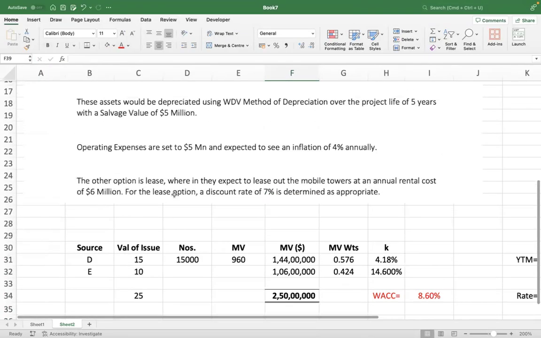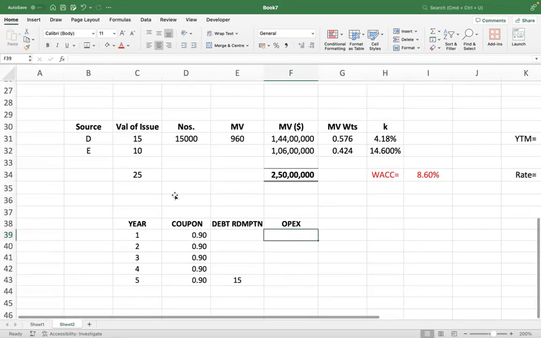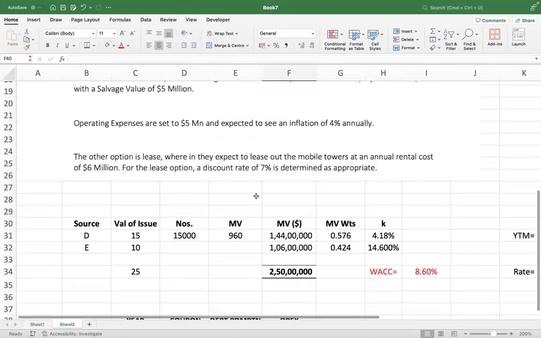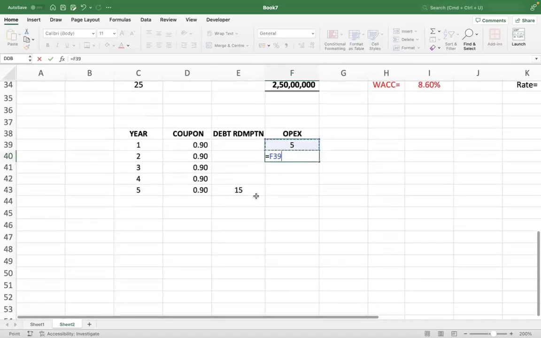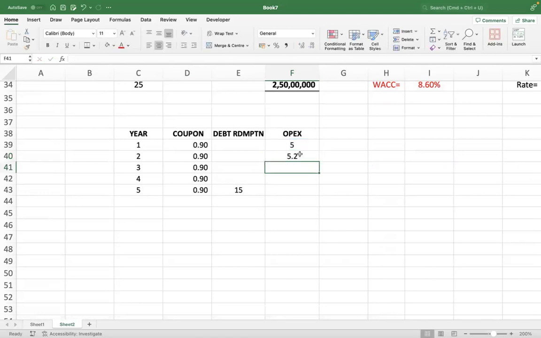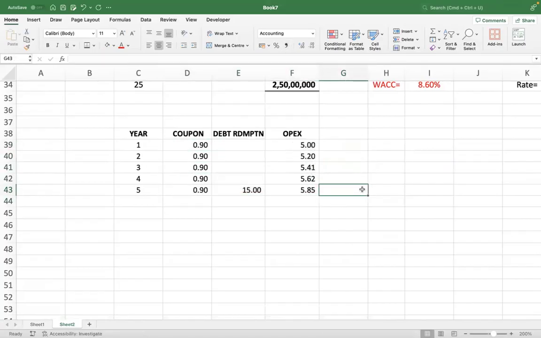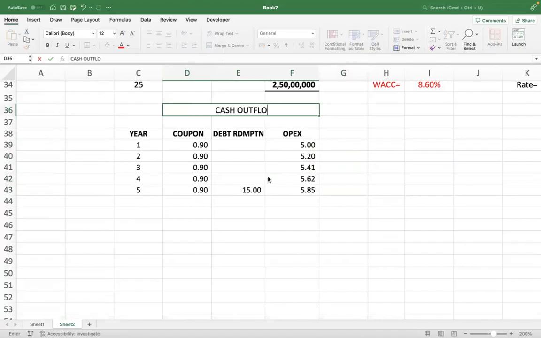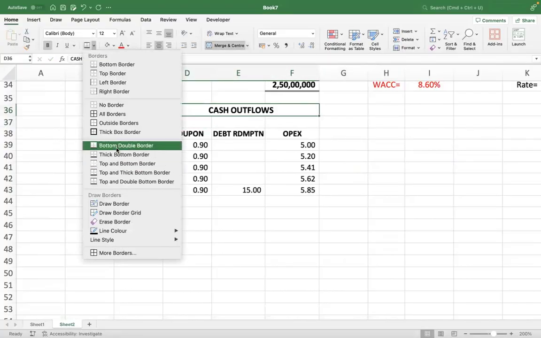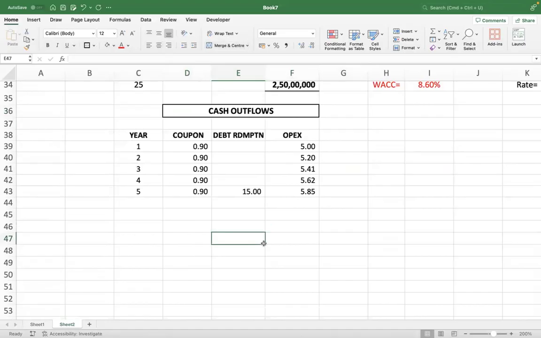OPEX is 5 million, and then what is the inflation I have said? 4% annually. So every year, the cost will be 4% higher than the previous year. So what have these three become? These three are your cash outflows.